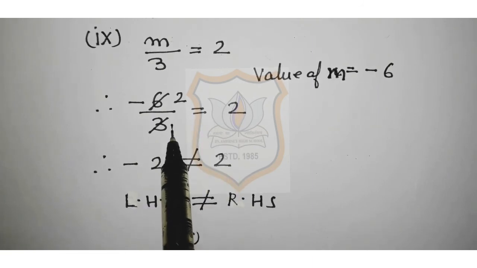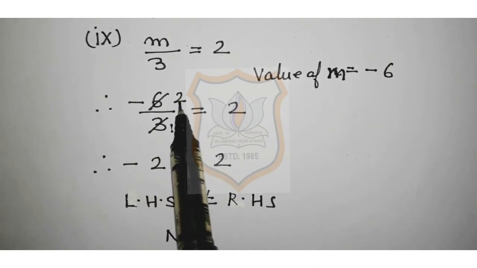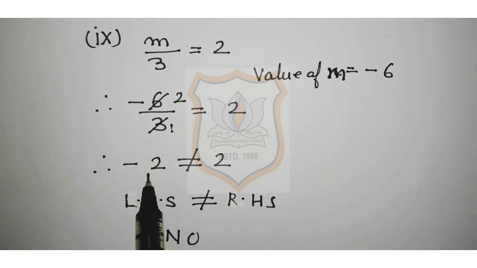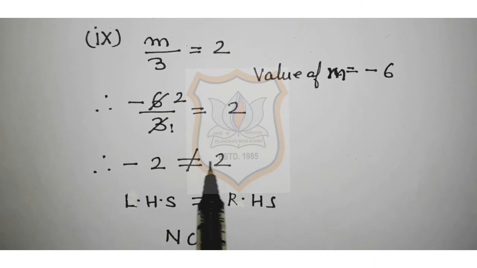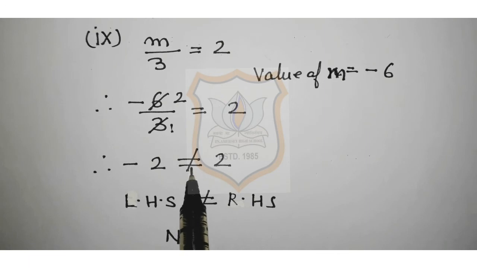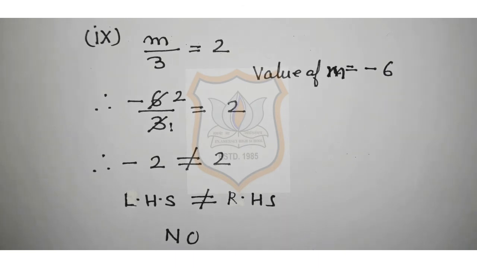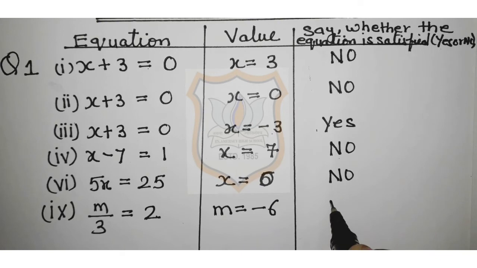So 3 ones are 3 and 3 twos are 6. Our answer is minus 2 is equal to 2. That minus 2 is not equal to 2. So we can say that LHS is not equal to RHS and our answer is no. So here in the table students we will write no.